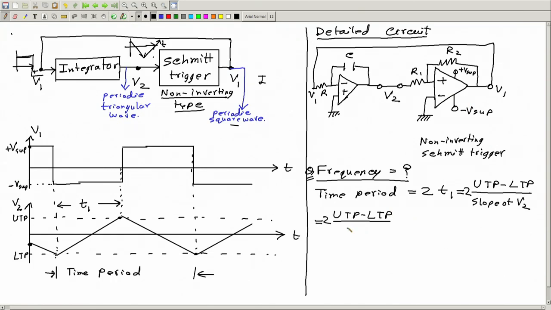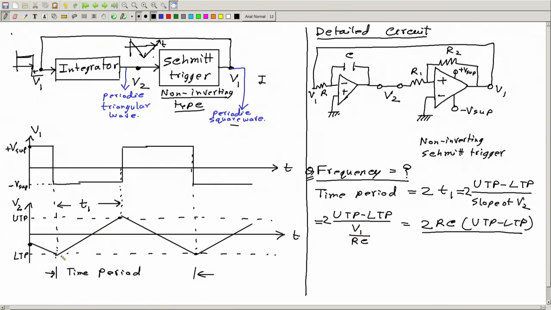Okay. So this will be V1 by RC. So let's write this as 2 RC (UTP minus LTP) divided by V1. Now how much is V1?